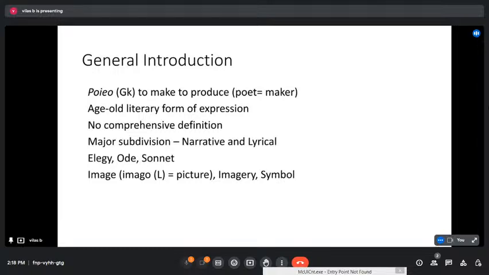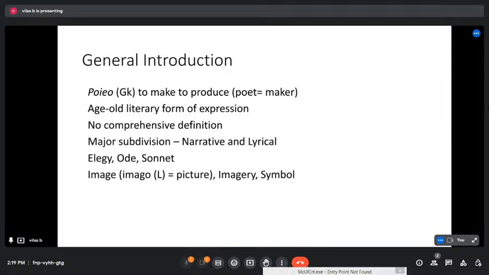There is no comprehensive definition of poetry, but still we find its origin. Of course, poetry is an age-old form of literature.